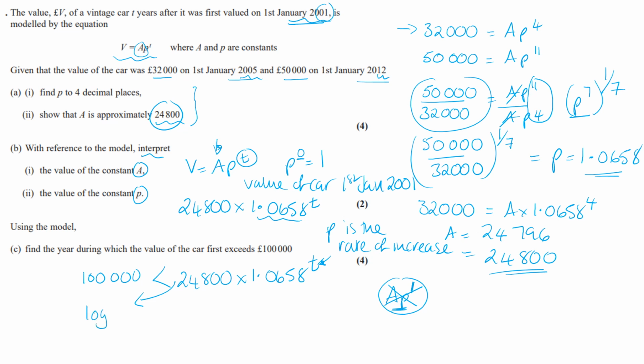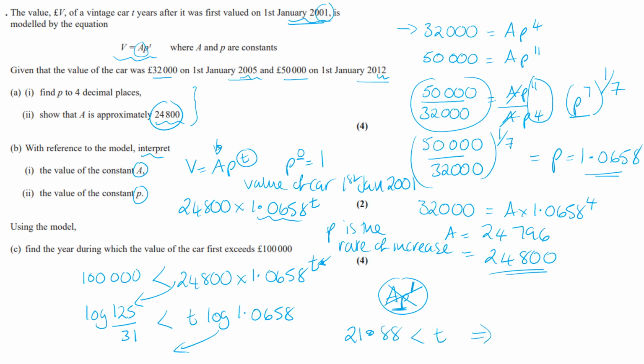You're going to get log of 125 over 31 needs to be less than t log of 1.0658. Then if you divide by the log of 1.0658, you'll get that 21.88 has to be less than t.